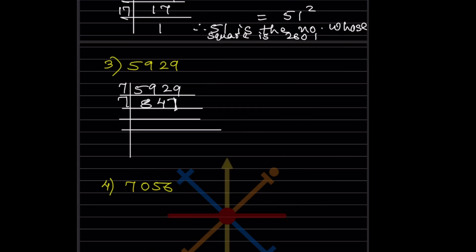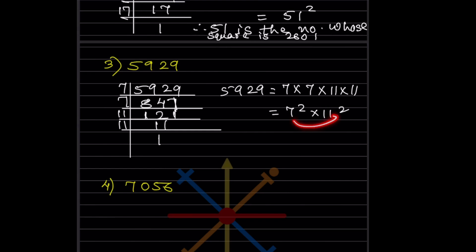Again this will go with 7. So now this is 121 means 11 square. 11 11s are 121, and this will be 11 ones are 11. So 5929 is going to be 7 into 7 into 11 into 11. So this is going to be 7 square into 11 square. And when you multiply this into this, this is going to be 77 square.